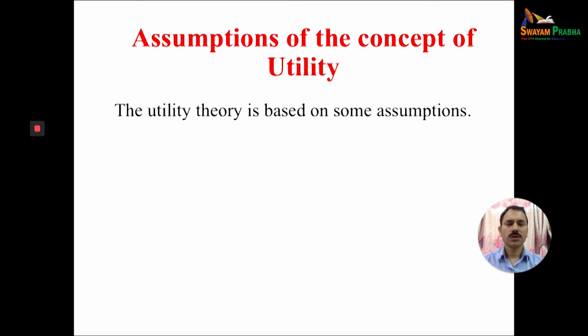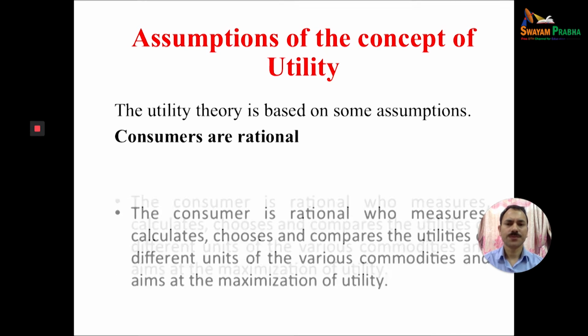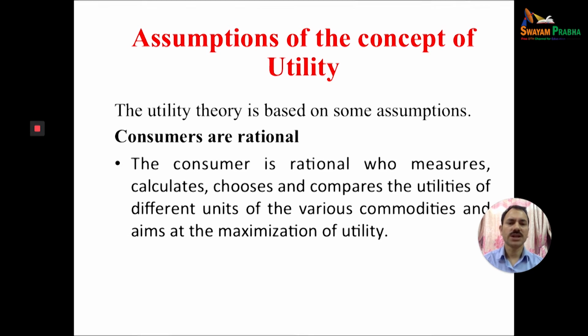Now, the concept of utility is based on some assumptions. In the last lecture, I explained that assumptions are very important. Every concept in economics is based on some assumptions. So here we assume that consumers are rational.